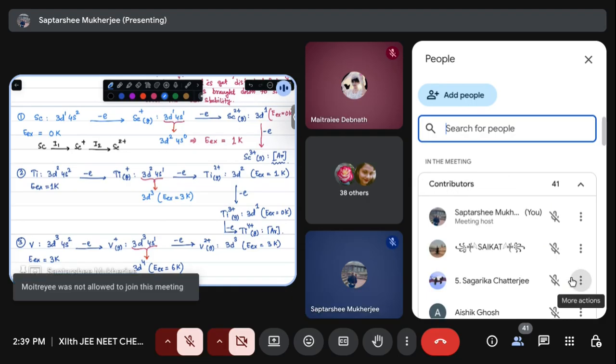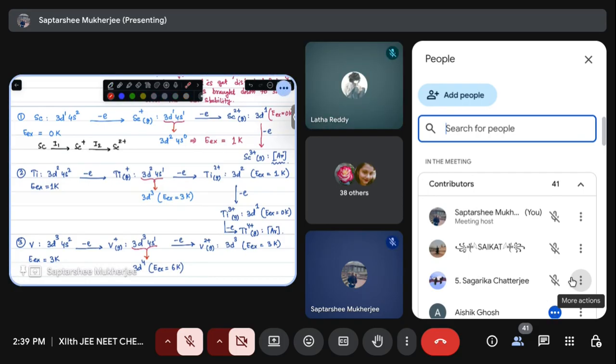Gaining, no? Because it was earlier 0k, now it has become 1k. So I have gained some stability. In terms of gain in exchange energy, I can say it is plus 1k.